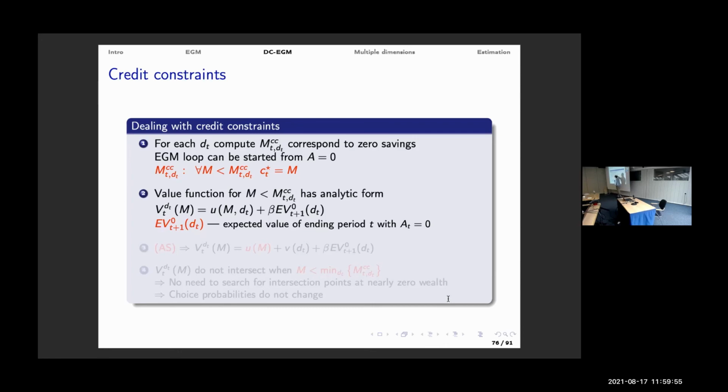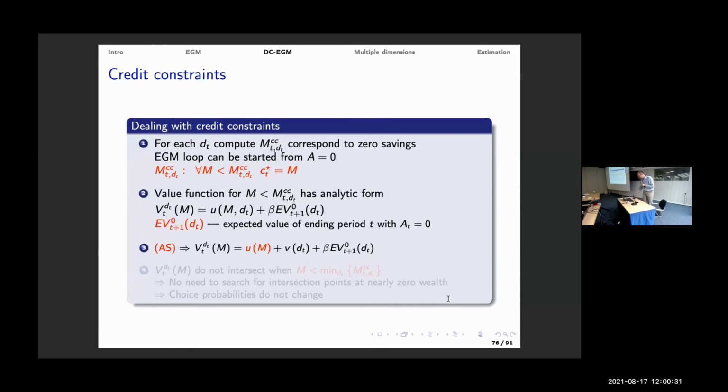We can calculate the expected value of saving 0 corresponding to each discrete choice. And then if there's this separability, so that utility of consumption is additively separable from the utility of the discrete things in the model, then we still have that analytical form of the value function in the constraint region, where the utility is just shifted by a constant.